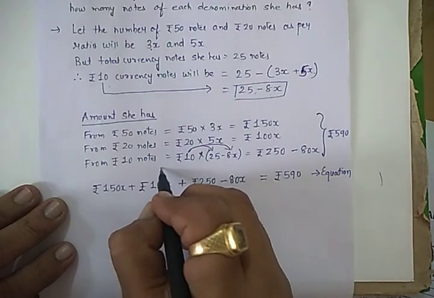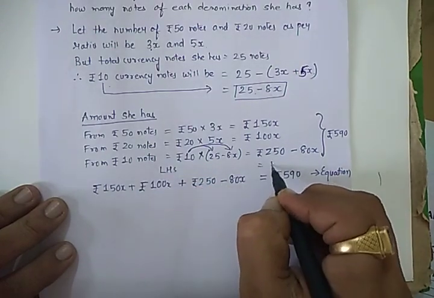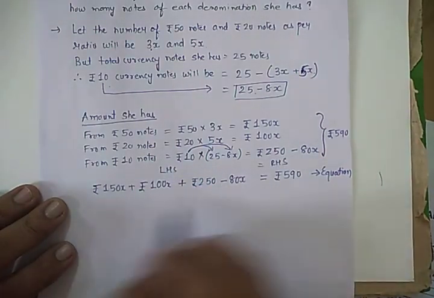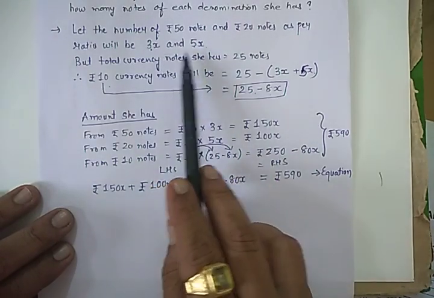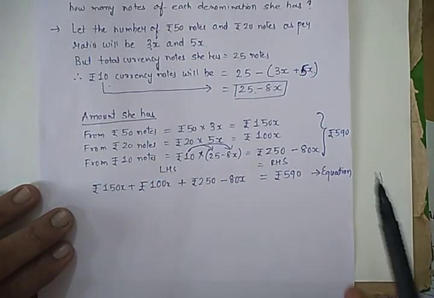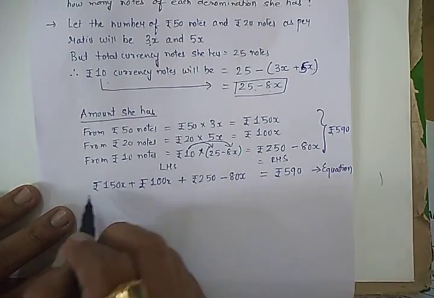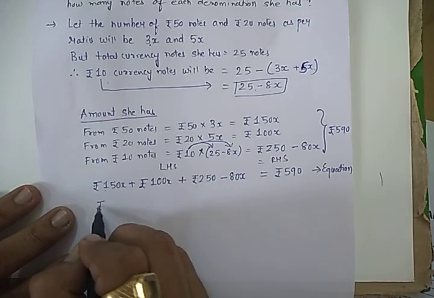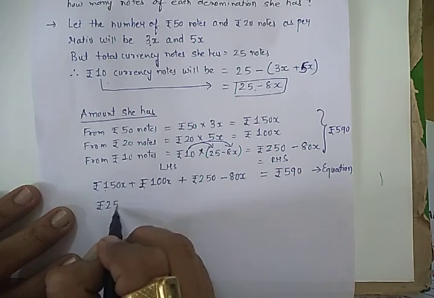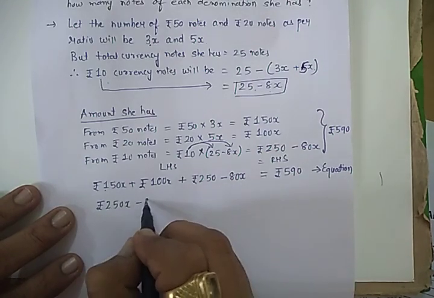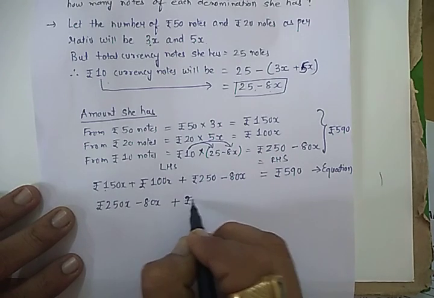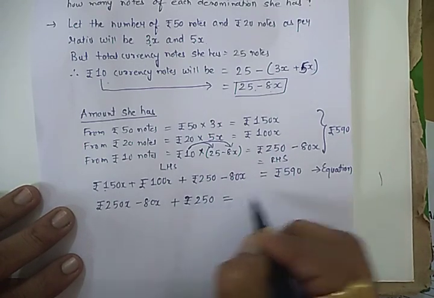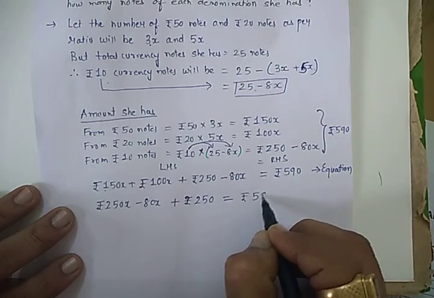Now we solve this equation, left hand side equal to right hand side, get the value of x, and by placing this value in the ratio 3x and 5x we will get the denominations. Let's see. That is 150 plus 100 means 250x minus 80x plus rupees 250 is equal to rupees 590 on the other side.